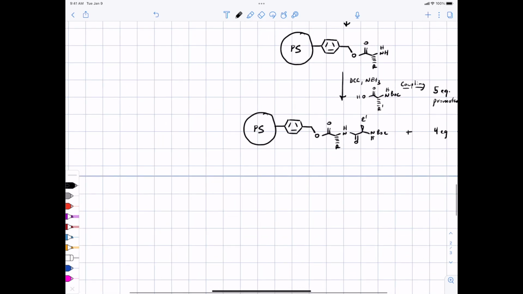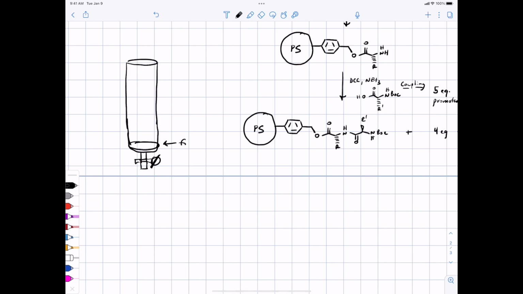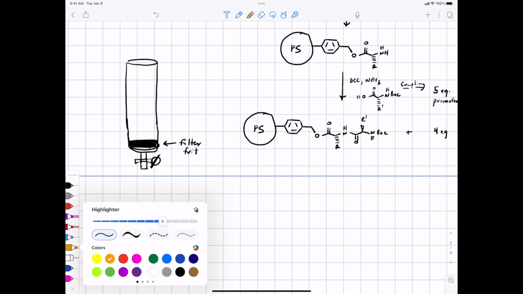In this case, though, the reaction vessel is often either a glass or a plastic cylinder. And at the bottom, you have an outlet that has some sort of switch that you can turn to open it up or not. At the bottom of this reaction vessel is a filter. It's called a frit. It has pores in it that allow the liquid out, but not the beads, not the polystyrene beads.